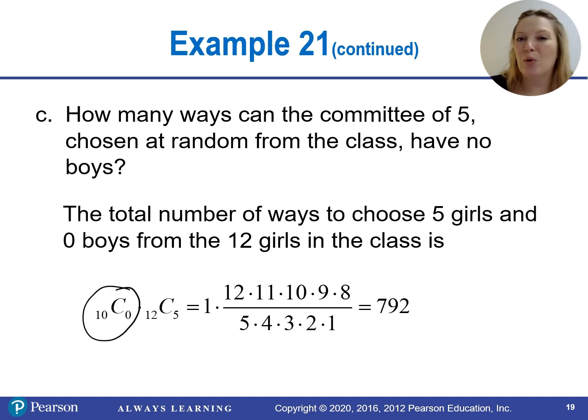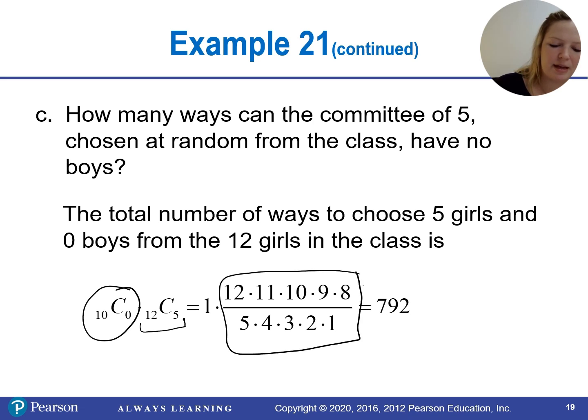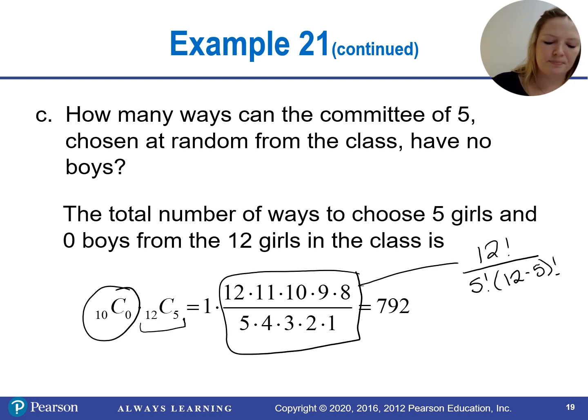There's only one way to choose nothing from 10. And then to choose 5 girls, we'll do 12 choose 5. This number again comes from 12 factorial over 5 factorial times 12 minus 5 factorial. And so we get 792.